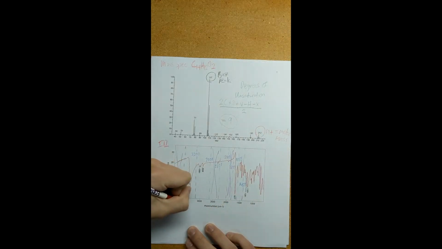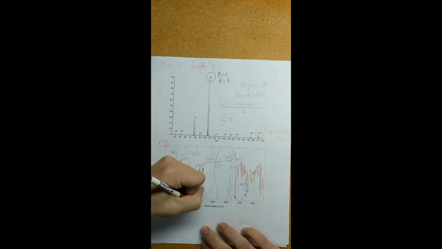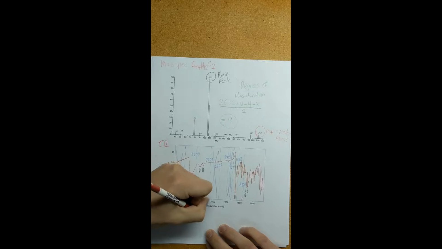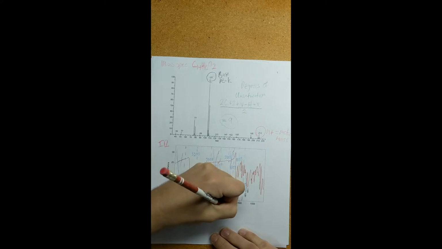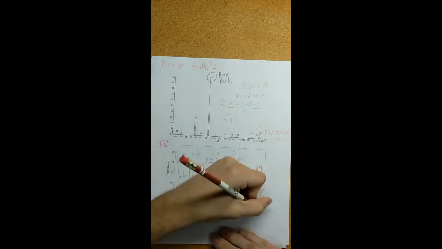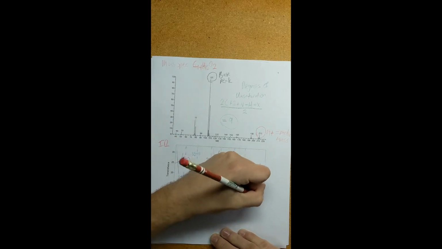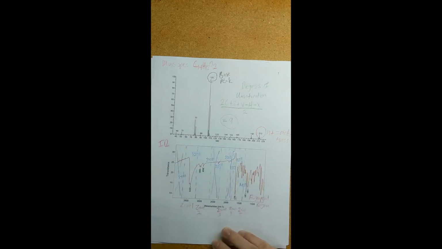I'm going to go ahead and label specifically zones 1 through 5 as well as the fingerprint region. Okay, now that that's been completed, we're going to go through each zone referencing the compound chem worksheet for IR to determine if our peaks show any sort of functional group.